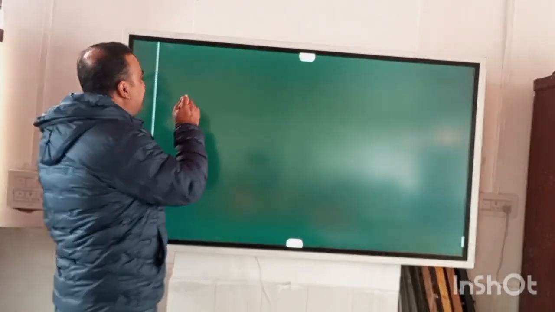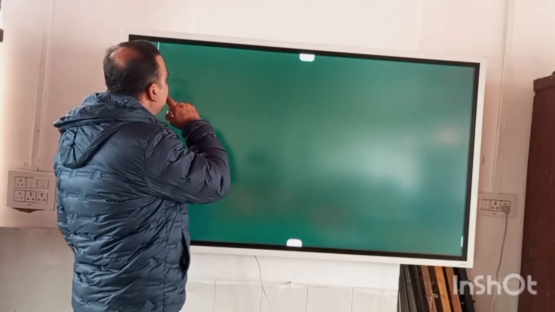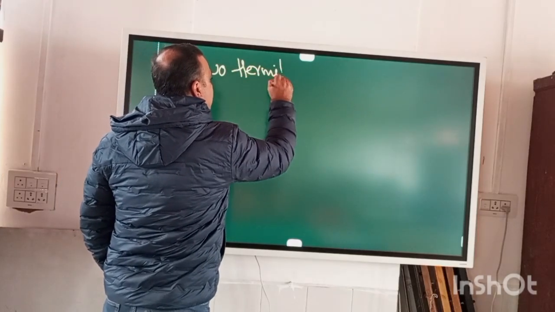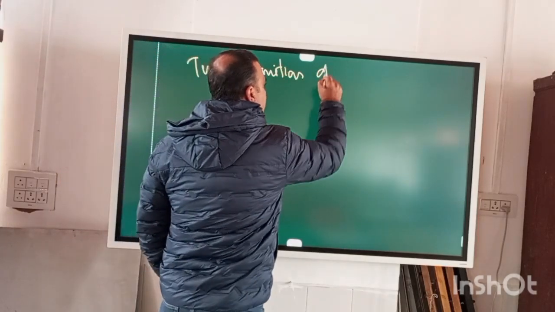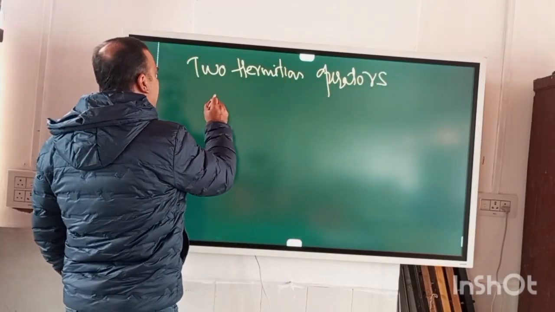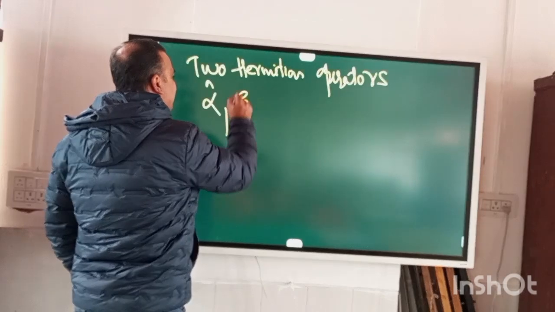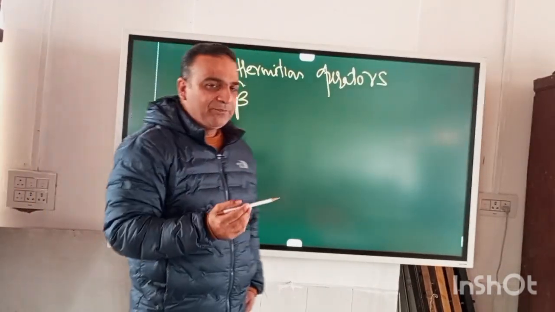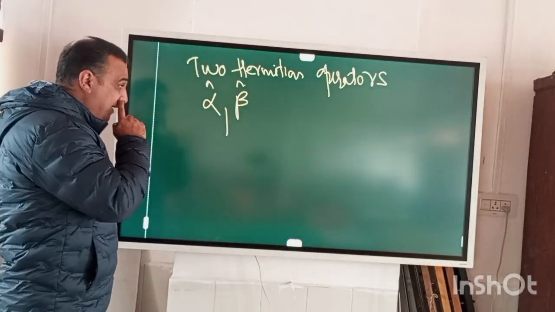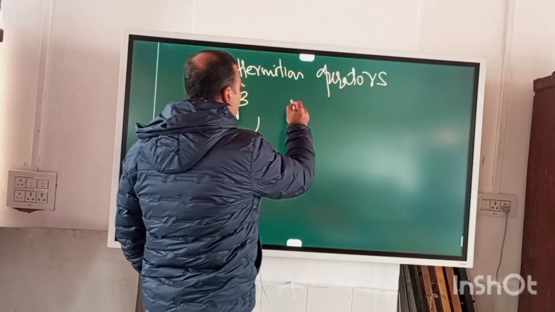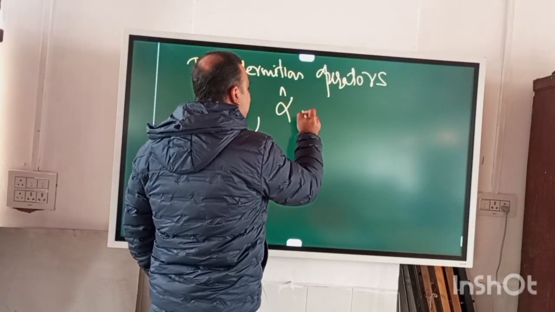Now, if I assume that I have two Hermitian operators, alpha cap and beta cap, so assuming that alpha cap is a Hermitian operator and beta cap is a Hermitian operator, and these two operators commute.